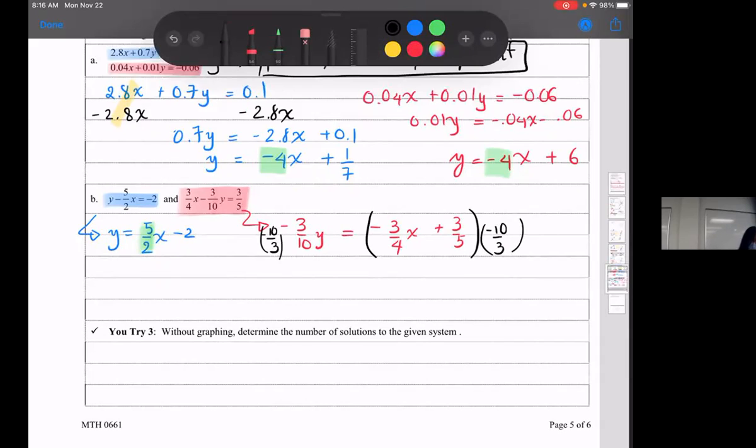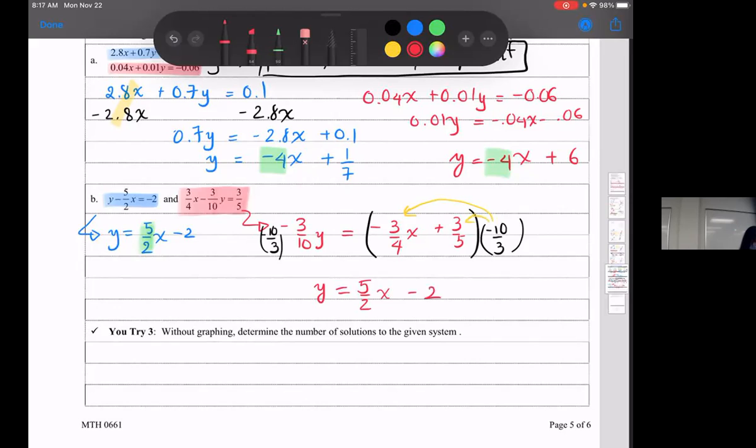On the left-hand side, just y. On the right-hand side, if I distribute this, the negative is gone, 3 is gone, negative 10/4, that's 5/2x. And then distribute to the second fraction, 3 is gone, negative 10 divided by 5 is negative 2.